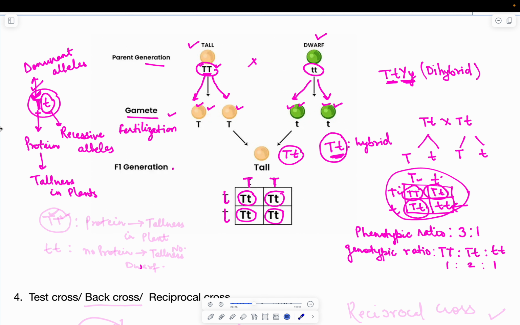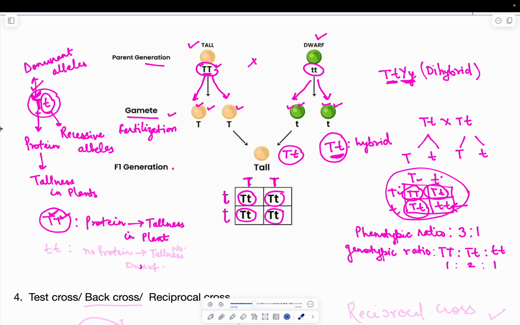In case of homozygous dominant, this individual has two dominant alleles, so these alleles were able to produce sufficient protein, which was responsible for tallness in plants, right?